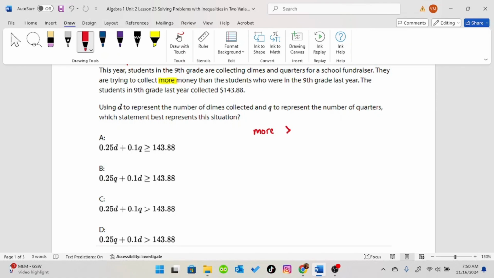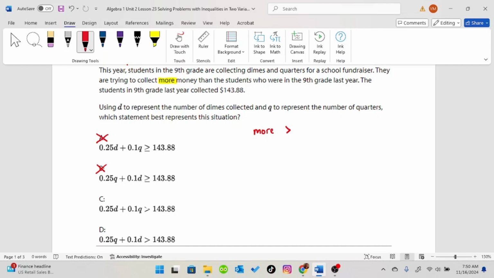It cannot be less than. It cannot be equal to. It must be greater than. So that means we can get rid of choice A and we can get rid of choice B. So now the choice is between C and D because they both correctly have a greater than symbol.